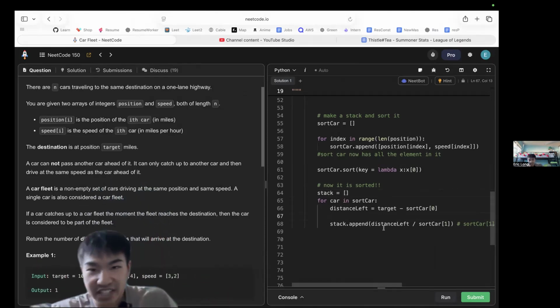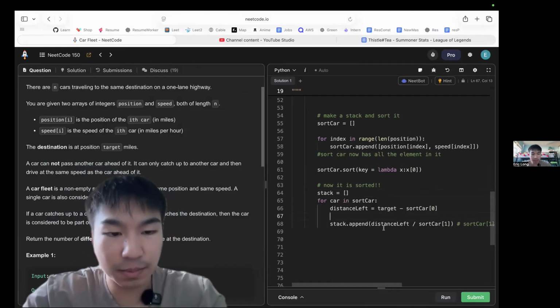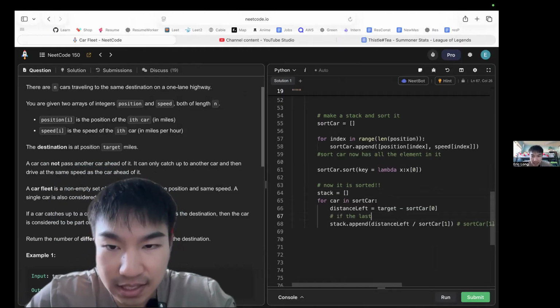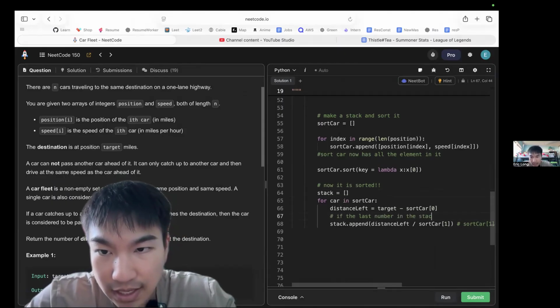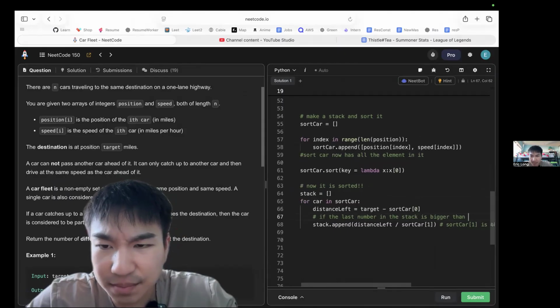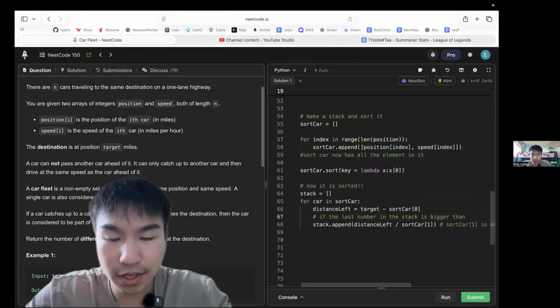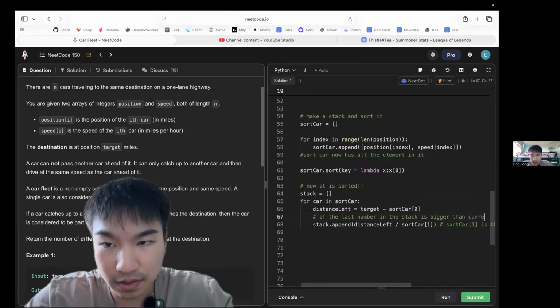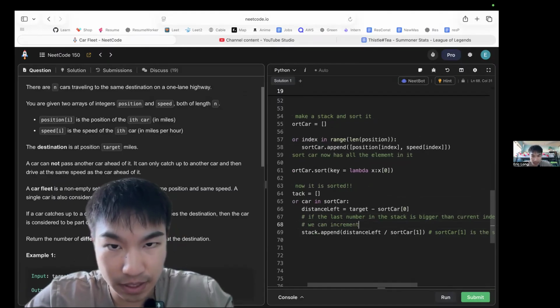Okay, now we do our if condition. Remember, if the last number in the stack is bigger than the current one, then we can increment answer.